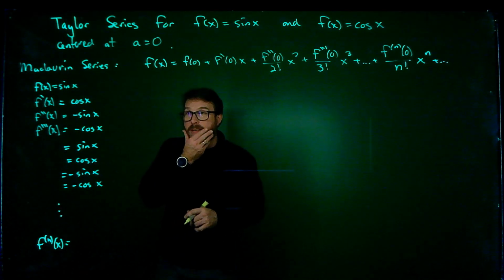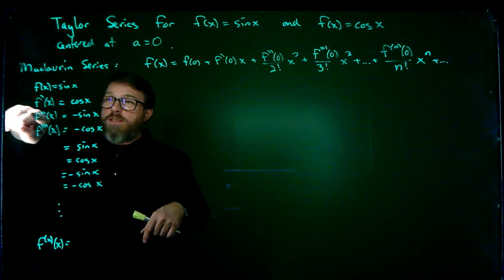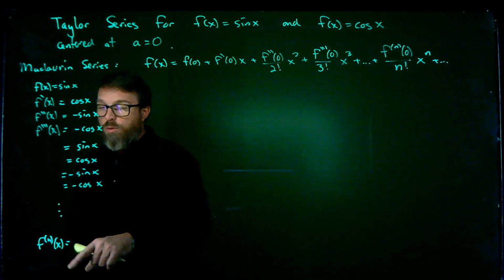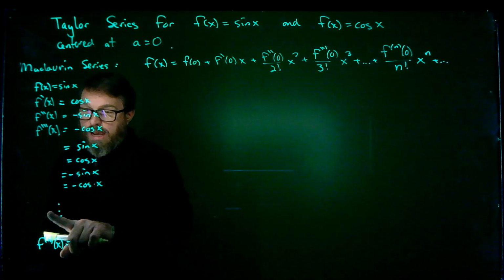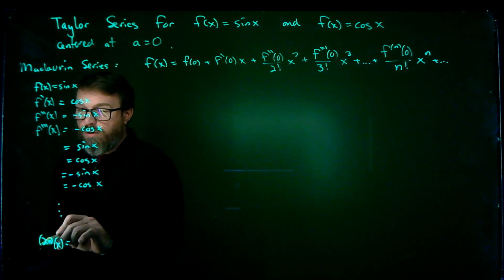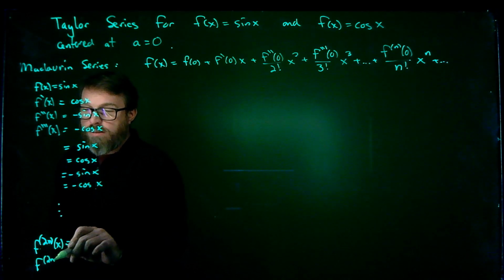Now, the problem is I've got two different functions here. The 0th derivative, the 2nd derivative, the 4th derivative, the 6th derivative, we can see that all the even derivatives are going to give me a sine function, so we have to do it in 2 steps. With your trig functions, you're going to have to do your even derivatives, and you're also going to have to do your odd derivatives.